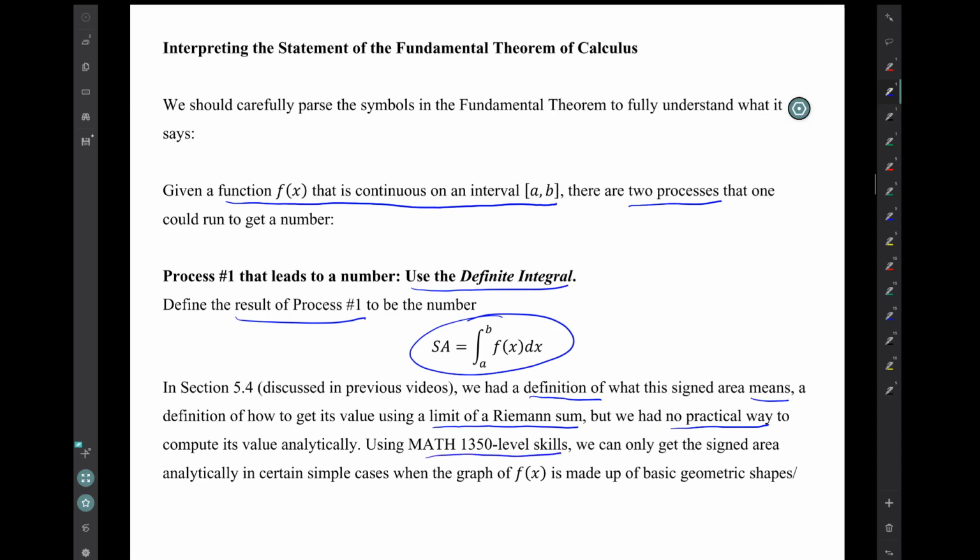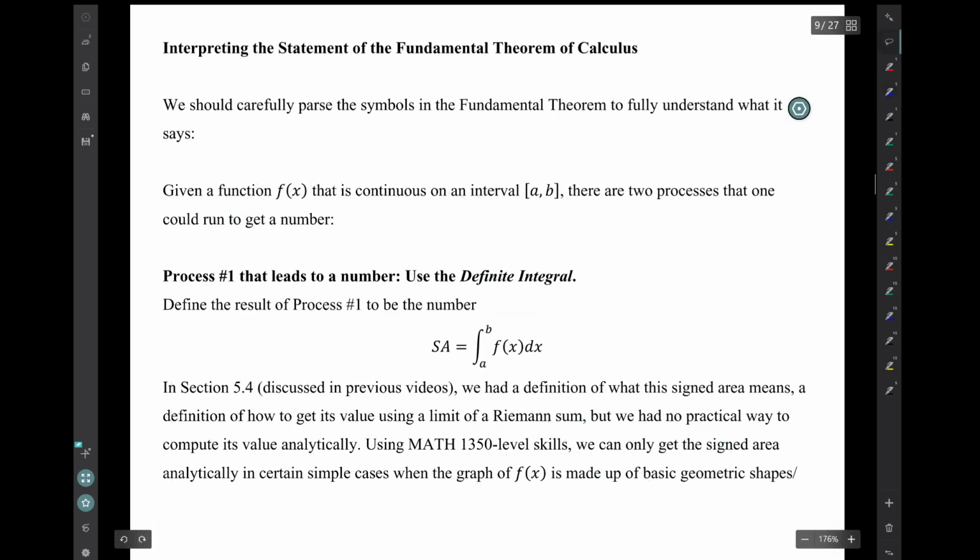Using Math 1350 level skills, we can only get the signed area analytically in certain simple cases when the graph of f is made up of basic geometric shapes. So process number one results in this number, that is the definite integral.